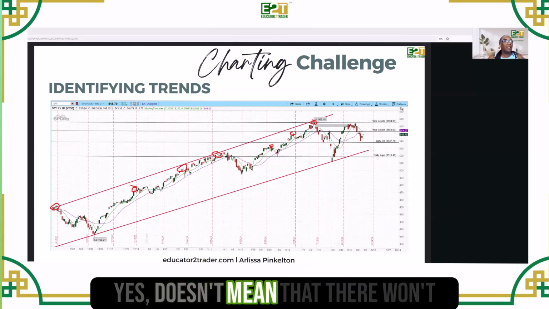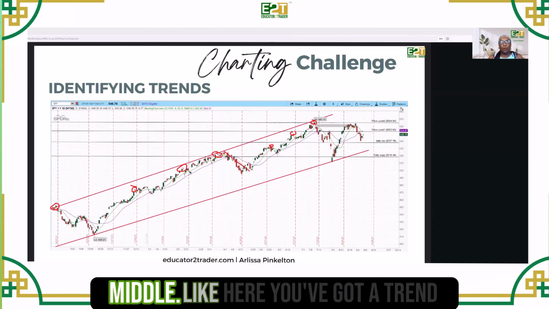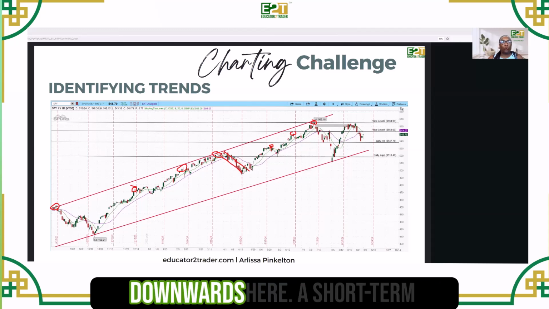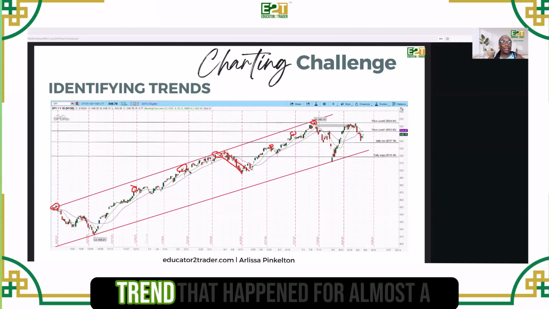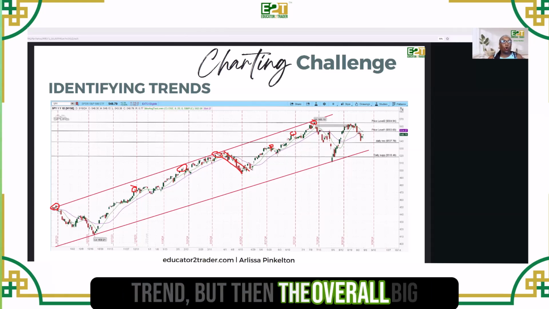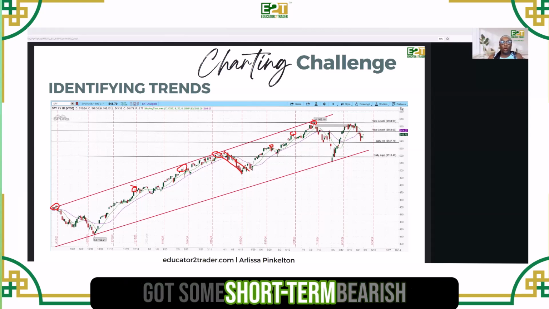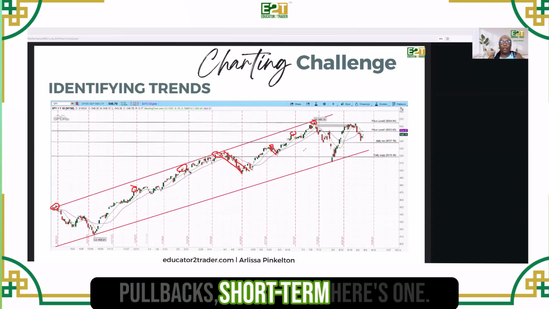Yes, it doesn't mean that there won't be some short-term trends in the middle. Like here, you've got a trend downwards, a short-term trend that happened for almost a month, but then the overall big trend was still bullish. You got some short-term bearish pullbacks.